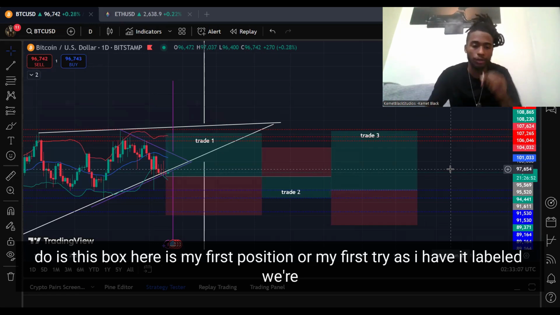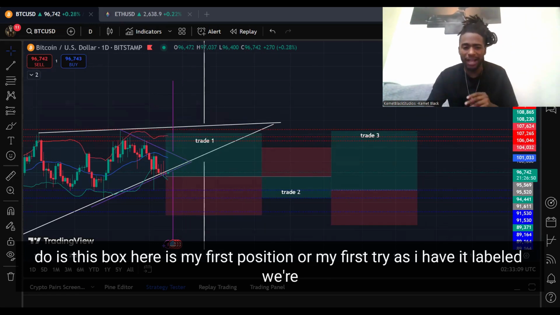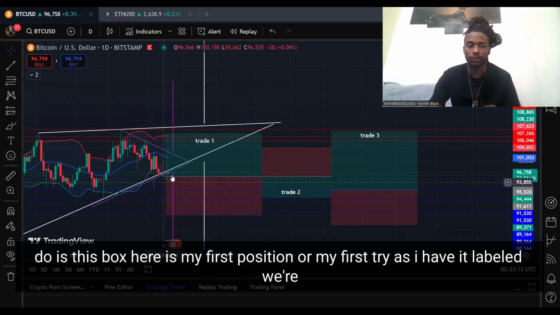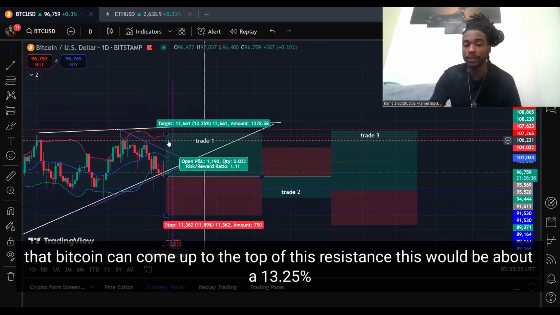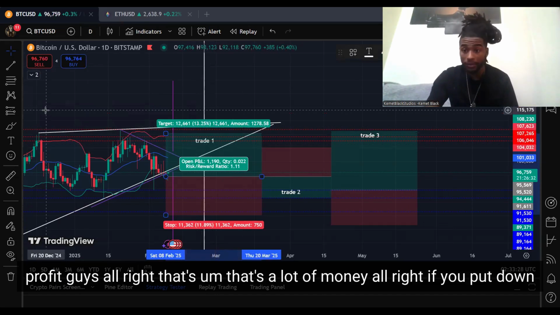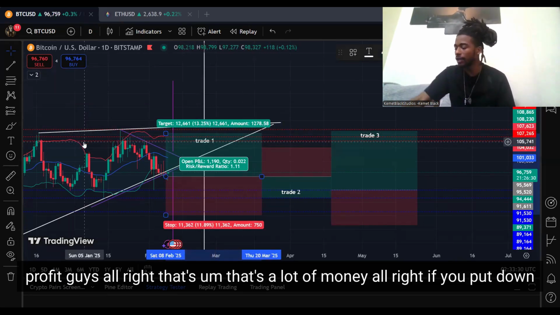So what I do is, this box here is my first position, or my first trade as I have it labeled. We're going long with a 2 to 3% stop loss. I believe on my first position that Bitcoin can come up to the top of this resistance. This would be about a 13.25% profit, guys. That's a lot of money.